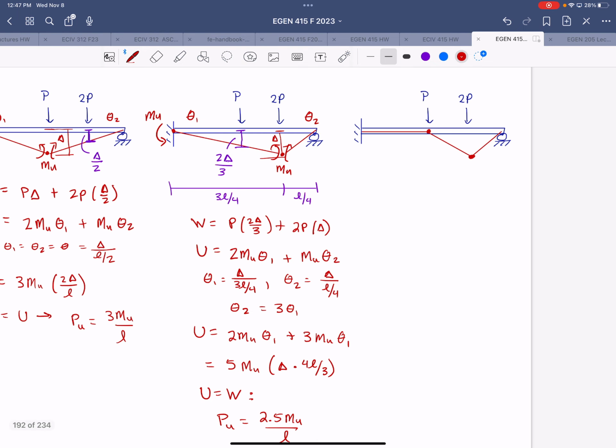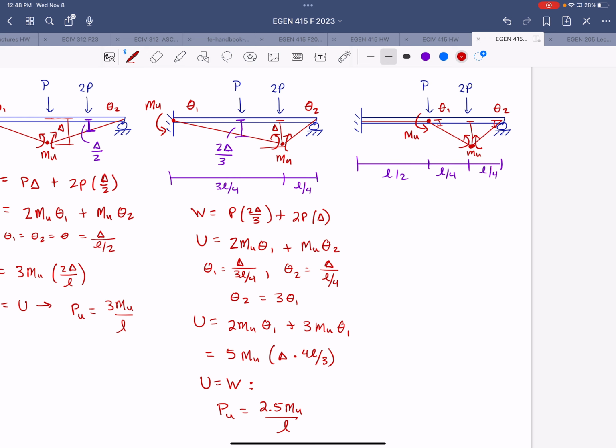So here we've got our L over 2, and then these are each L over 4. We'll note we have mu at the plastic hinges. We have theta 1 and theta 2, and this time they are going to be equal.